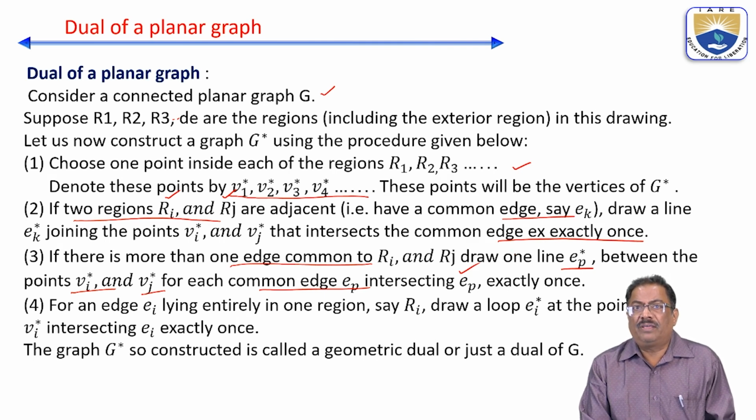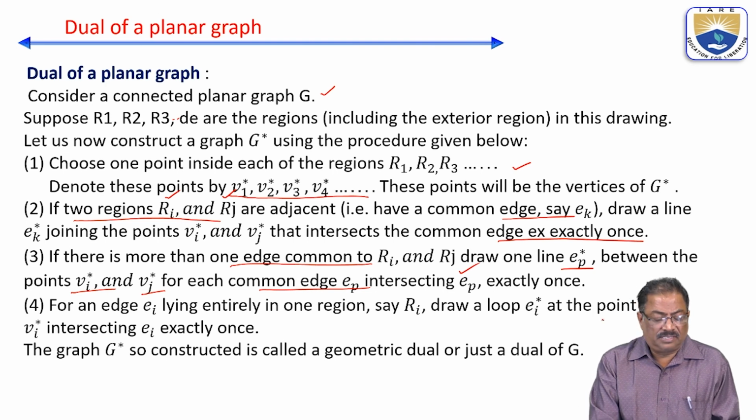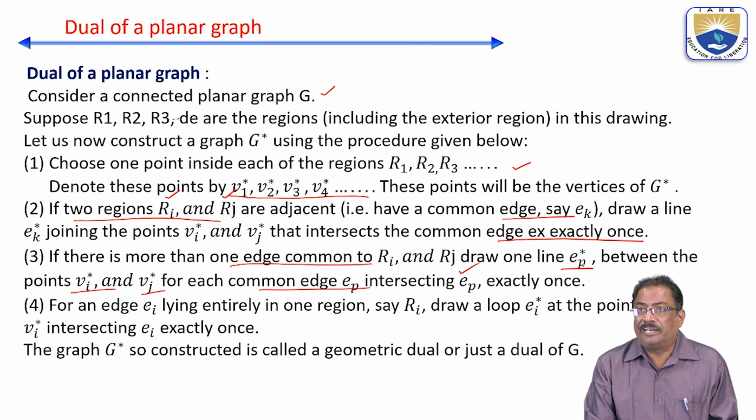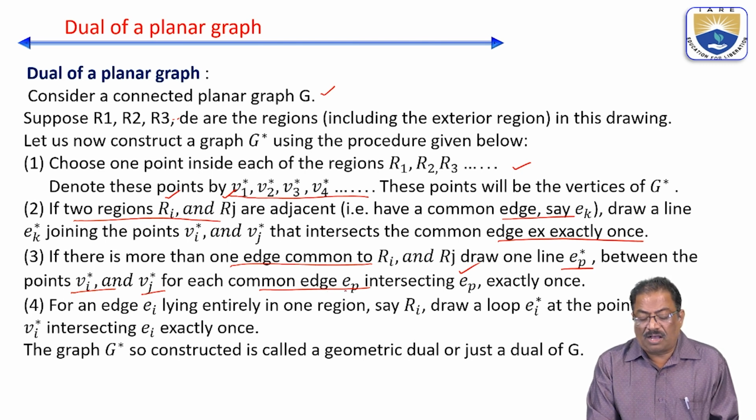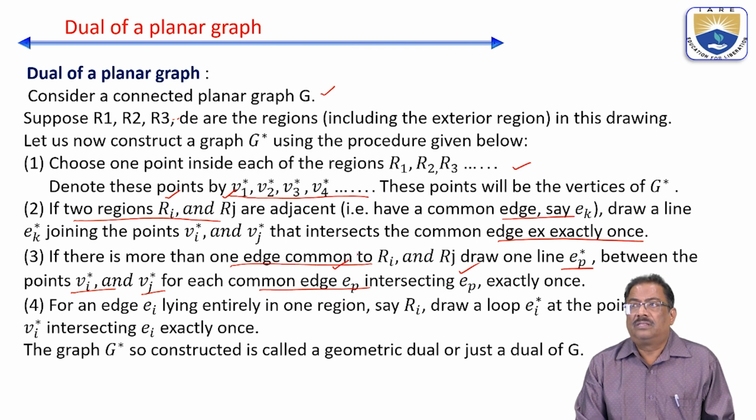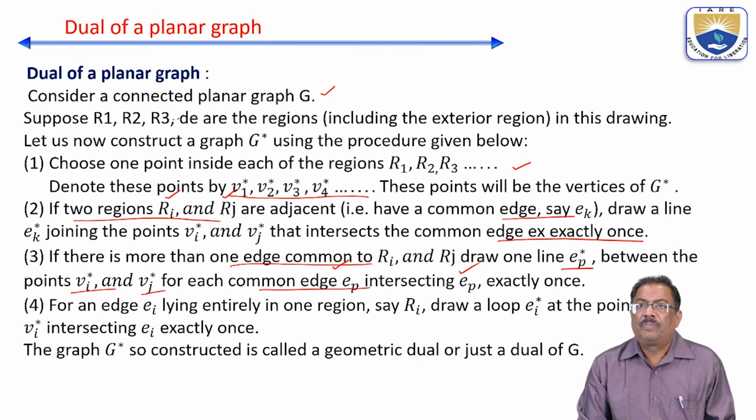That means if there are more common edges, then for each and every common edge, we have to construct one edge.